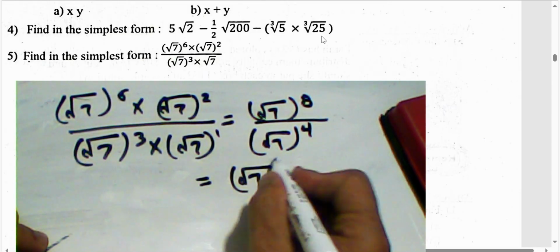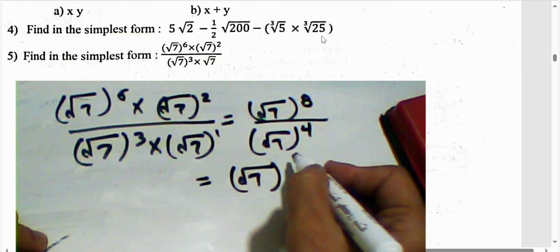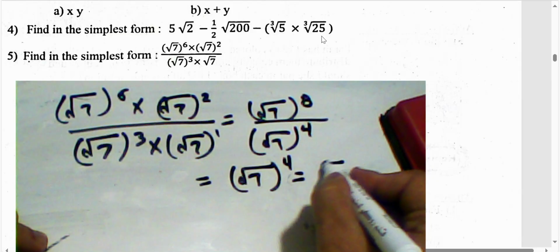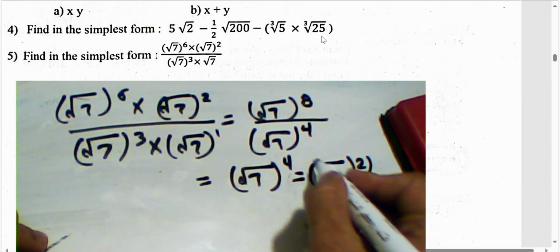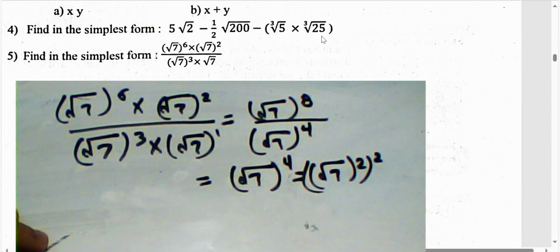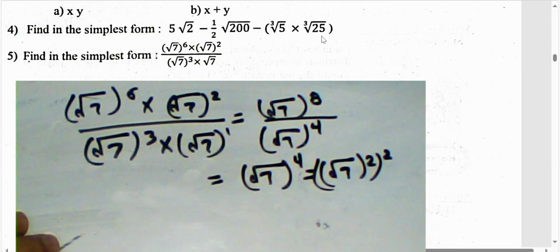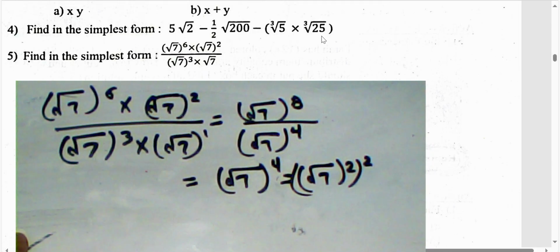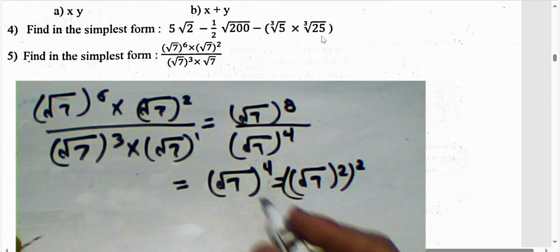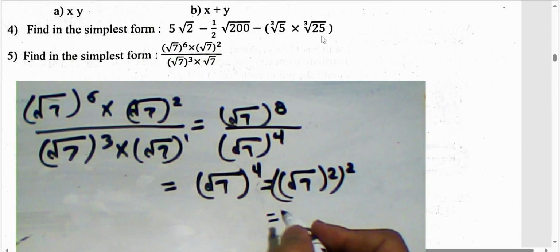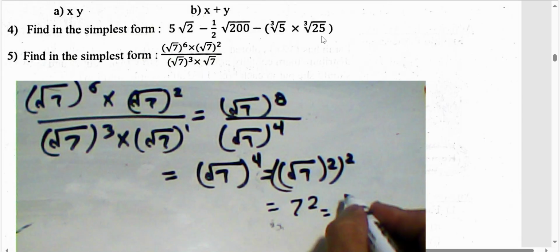And then write root 7 over power what? 8 minus 4 equals 4. And this number we can write root 7 all power 2 all power 2. Because root 7 times itself will be 7. 7 power 2 equals 49. Okay, this answer here we write 7 power 2 equals 49.